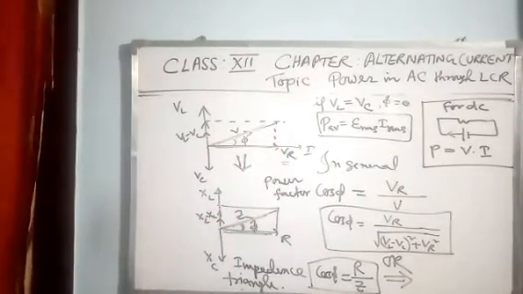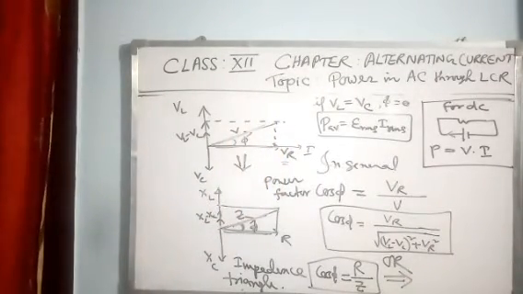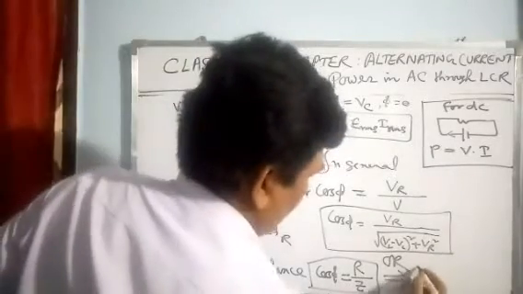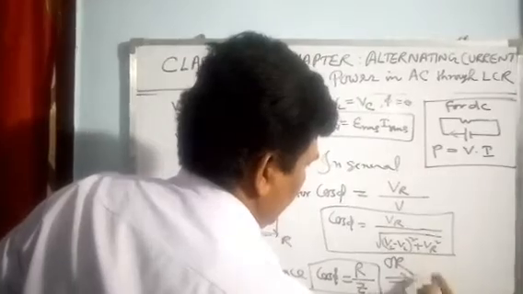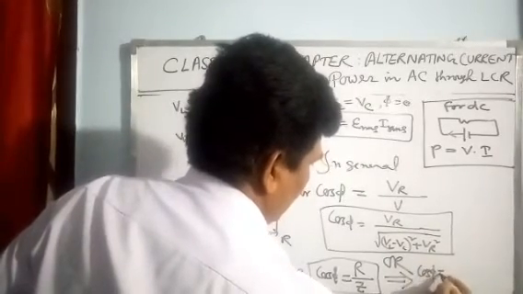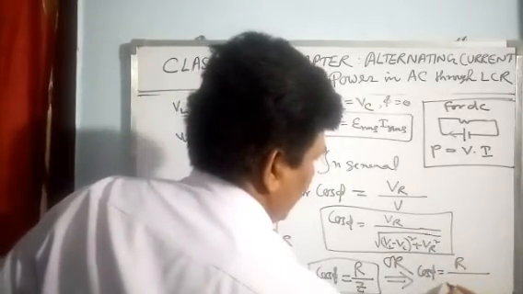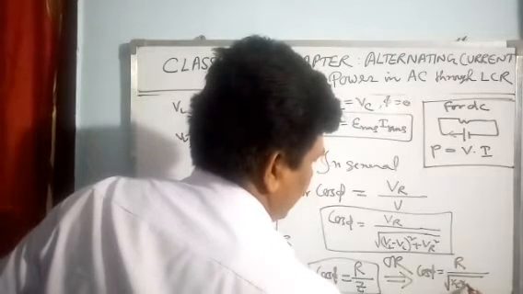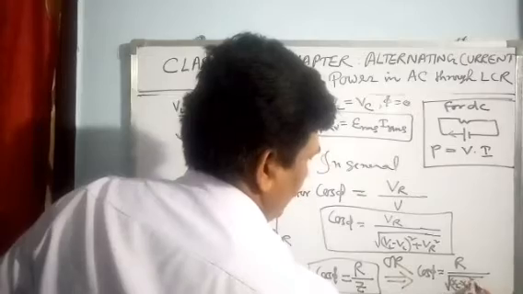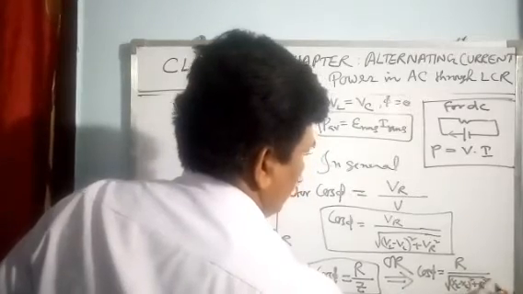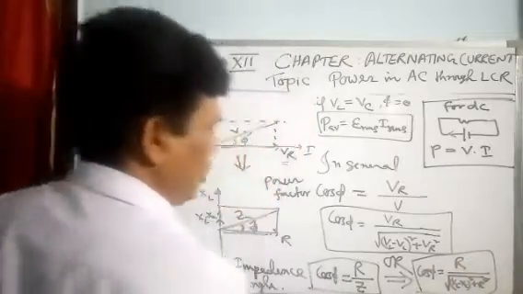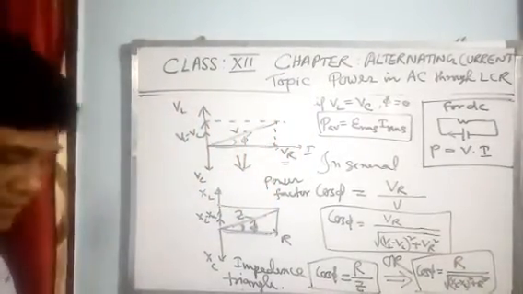Or you can write this as cos phi equal to R upon under root of (XL minus XC) whole square plus R square. Are you getting it? So any one of the formulas can be used for solving numericals depending upon the data given.